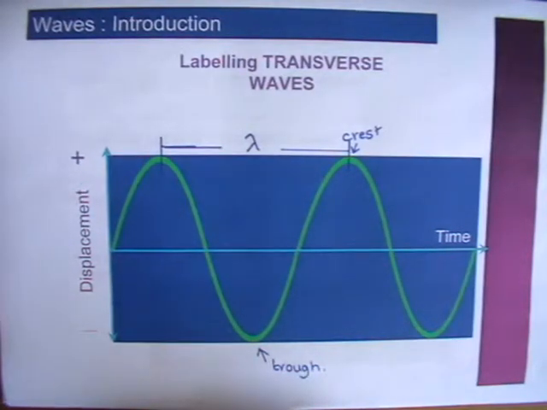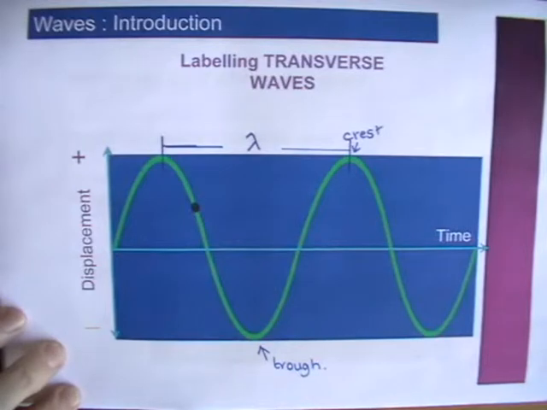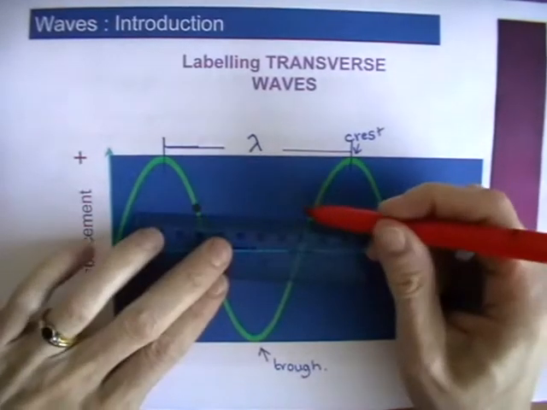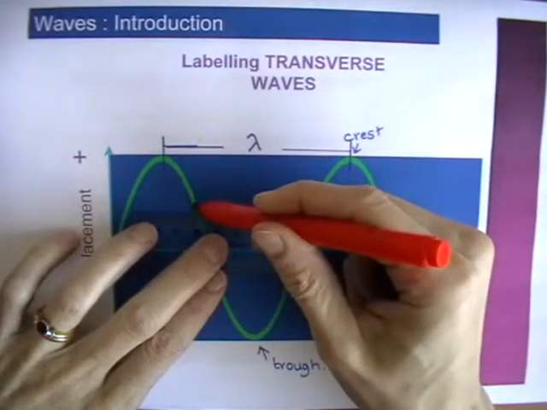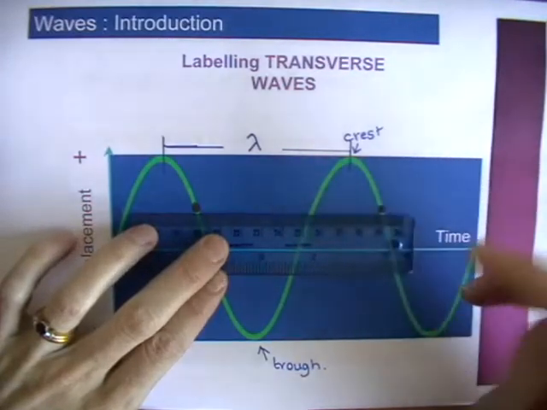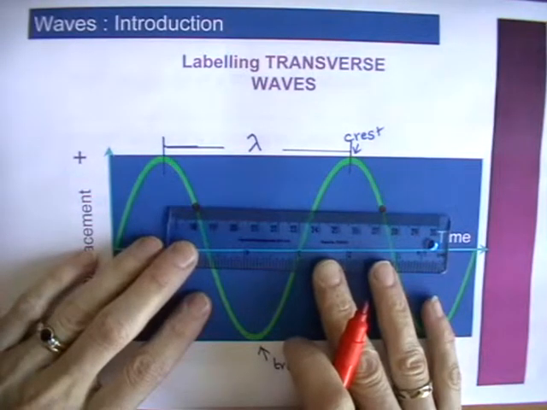Now what we say about those two positions is that they are in phase with each other. If you choose a position there, the place which is in exactly the same state is not here, because this part of the wave is moving down, but this one's moving up. It's the next time that the wave is moving down in the same position, and therefore it's over there. You should find that distance, and we'll just measure it using the ruler here.